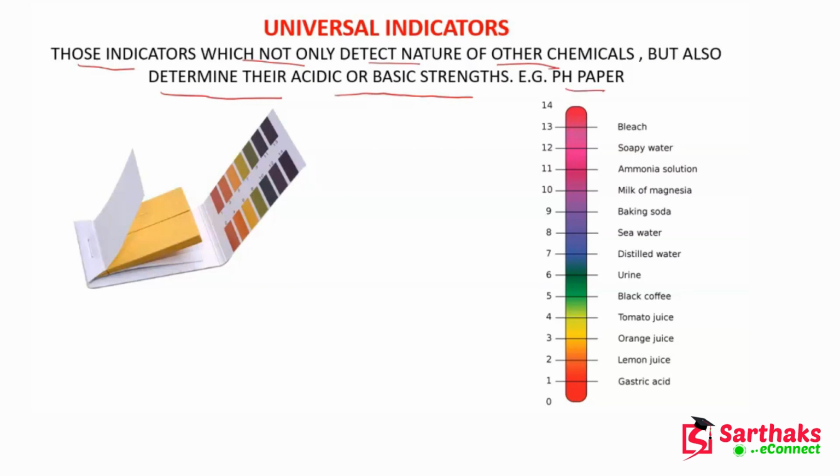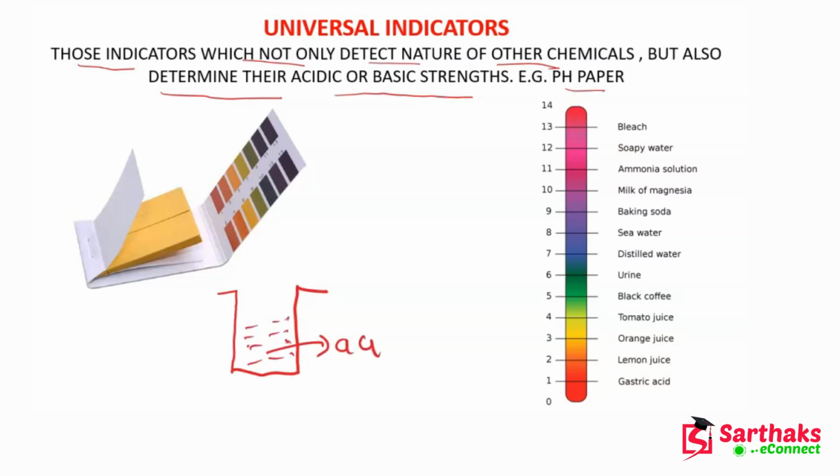So guys, this is our image of pH paper. Now you might be thinking how we can determine the nature of the chemical substance just by this paper. So let me tell you the method. Let's suppose you have an acid inside it.